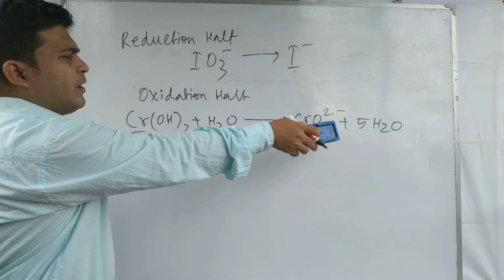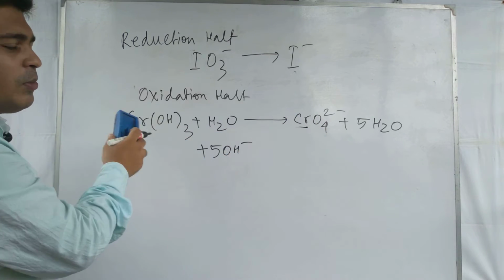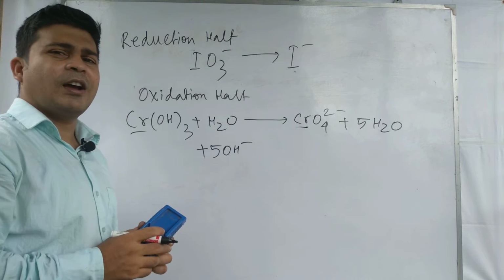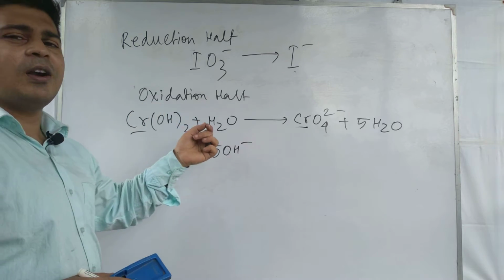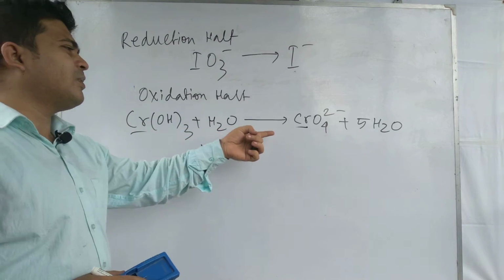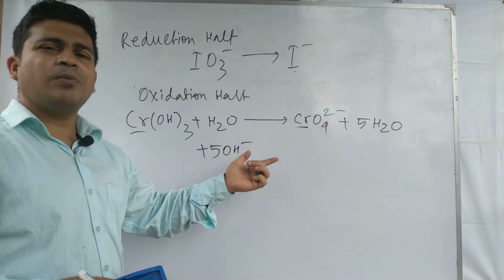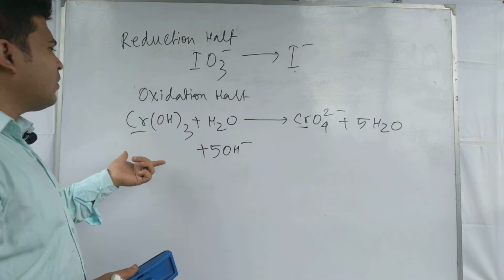We are adding 5 H2O on the right hand side, and for this reason we have to add 5 OH minus on the opposite side. Okay, so all atoms in this equation are balanced. You count the number of atoms in the reactants and products, and you can find that this equation is balanced. Atom balance completed.